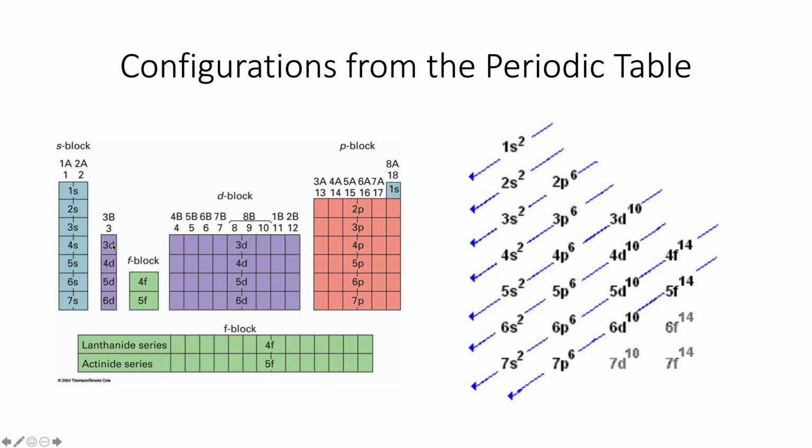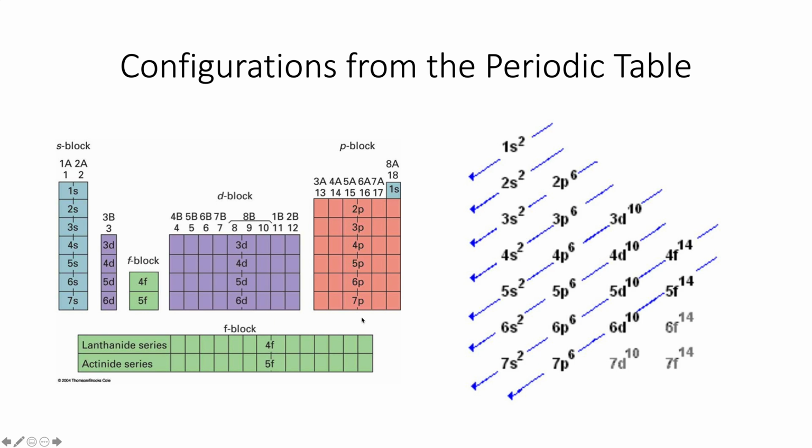Then 4d, 5p, 6s. And it gets weird with the f's, but it goes 6s, 4f, 5d, 6p, and so on. So it's a map.